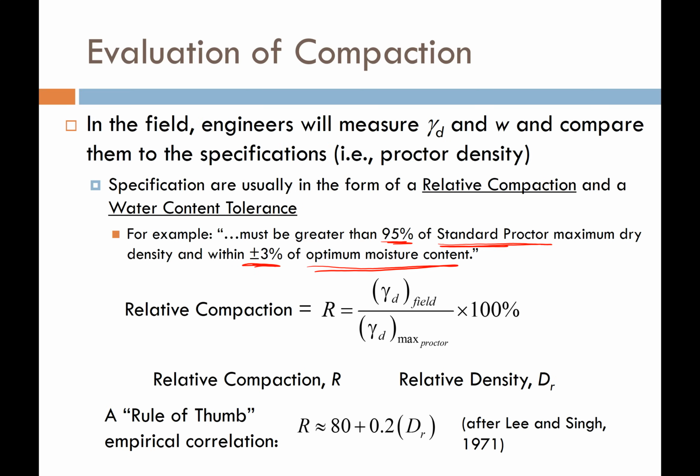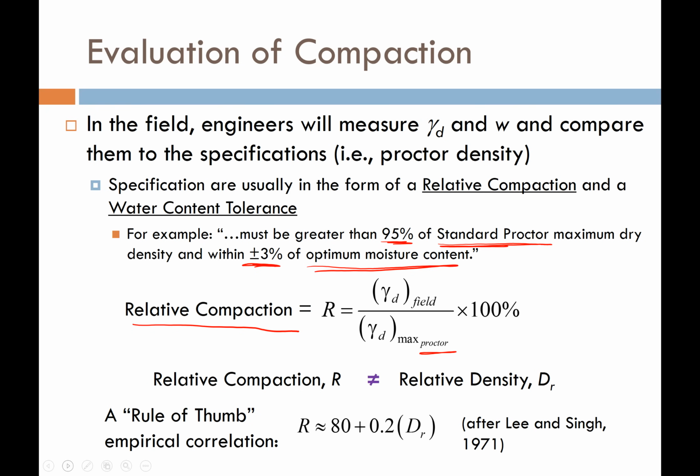So remember, a relative compaction is just a percent of some stated Proctor or maximum dry density from a Proctor test, either the standard or the modified Proctor test. Now, we've already talked about a term in an earlier lecture called relative density. And some students confuse relative compaction with relative density.